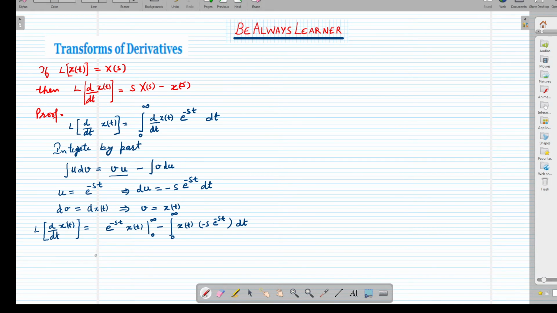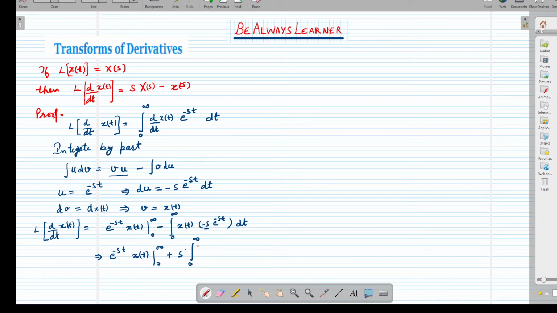We can write the first term as e raised to the power minus st into x(t) with the limit 0 to infinity, minus, with minus s out of the integration, minus minus will become plus.